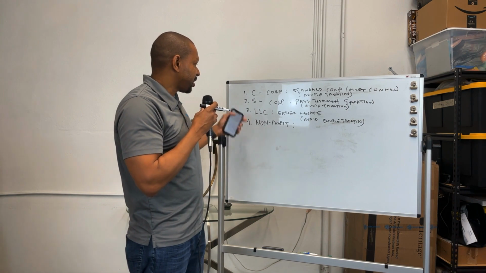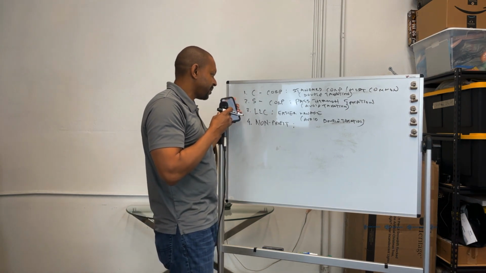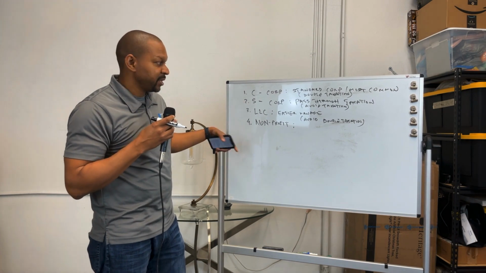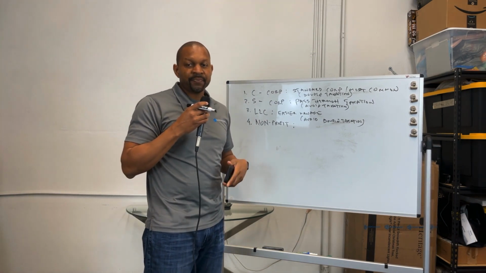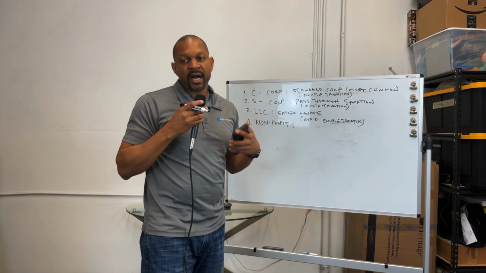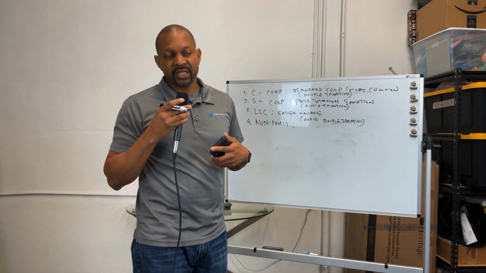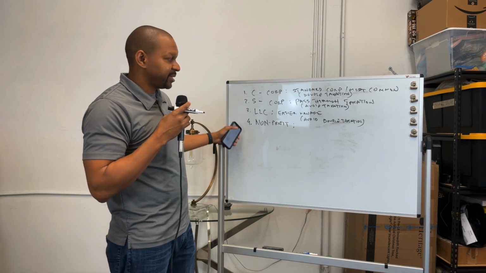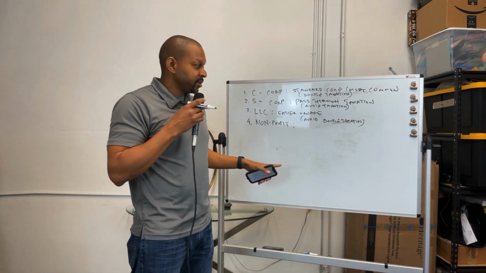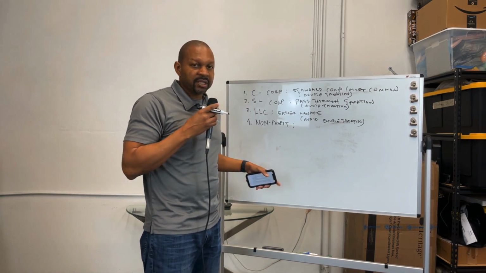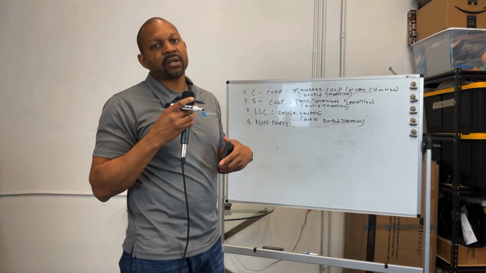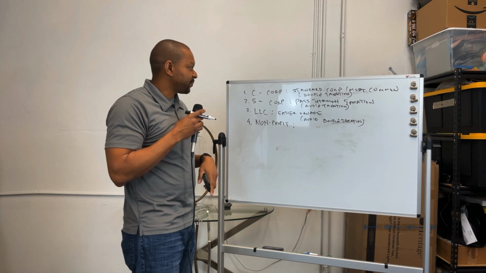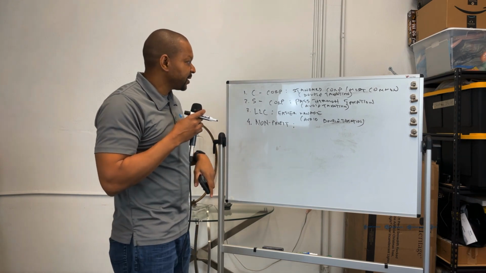So in a nutshell, these are the top 4: C corp, S corp, LLC, and then nonprofit. You decide which one you want to set up. But I do encourage you, if you are going to develop a residential facility, you have to set up some type of entity because these entities provide you protection. You don't want to set up a residential facility in your own personal name, as it can cause liability on you and your family. So this is the corporate setup, or the different types of corporation.